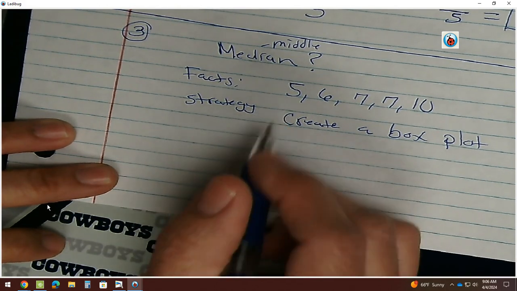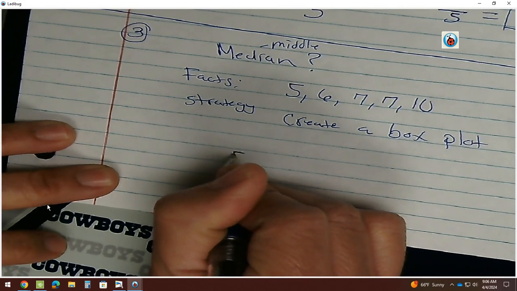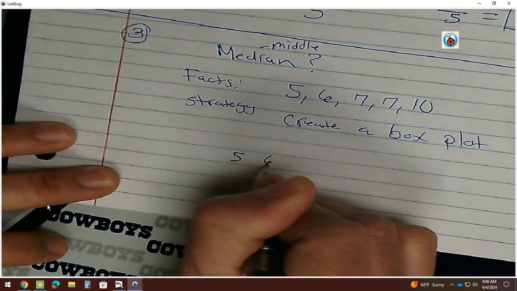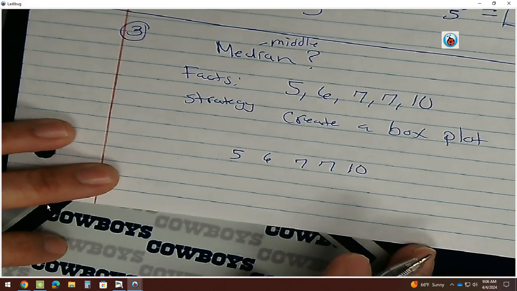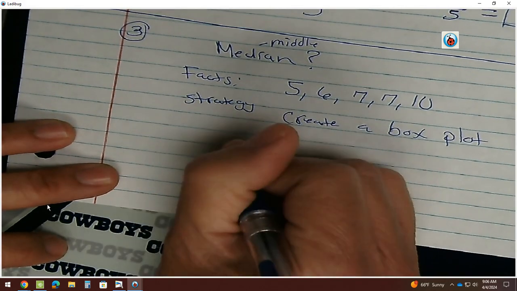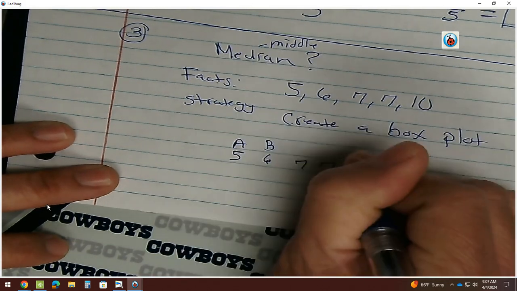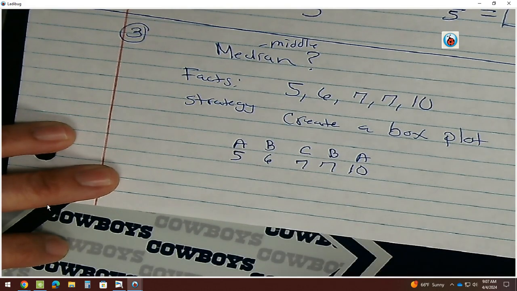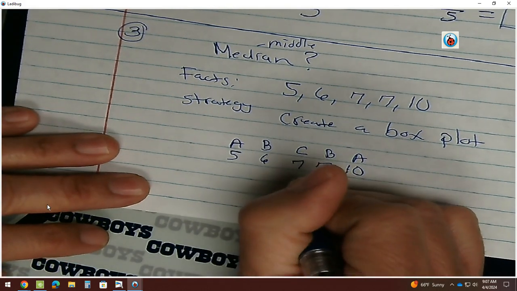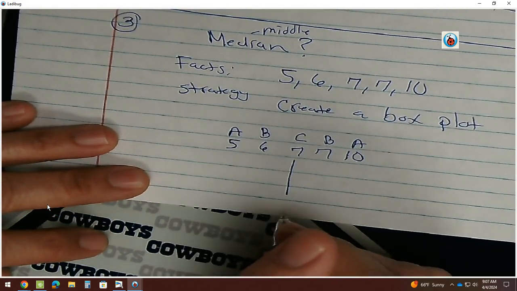You're going to put the numbers 5, 6, 7, 10. Yes? And then we're going to go A with A, B with B, and C with nobody. So guess what? This guy will get the first part of the box, and he is the median.